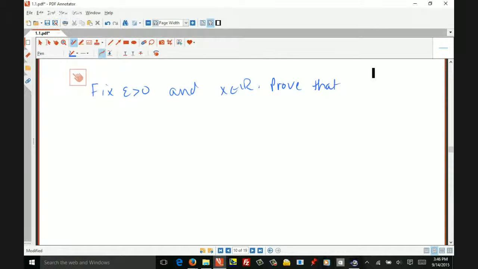This is number 3, page 54. So prove that x minus epsilon to x plus epsilon is a neighborhood of each of its members.